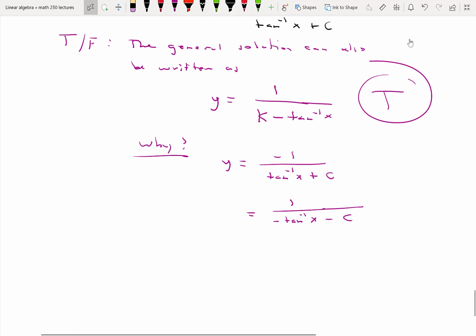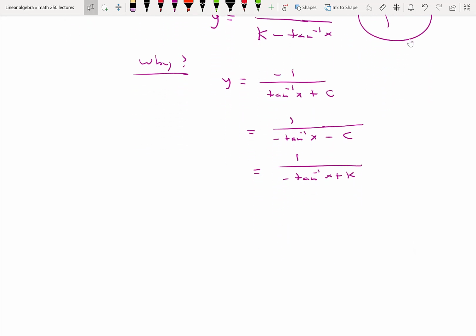Now, c is an arbitrary constant, so replace c with negative k, another arbitrary constant. Arbitrary means it can be equal to anything, so replace c with negative k, and you get plus k. Okay, so that's absolutely the same solution. K minus inverse tangent of x.